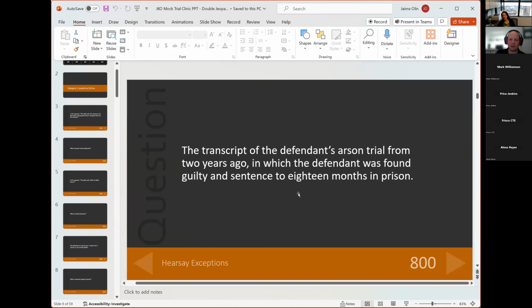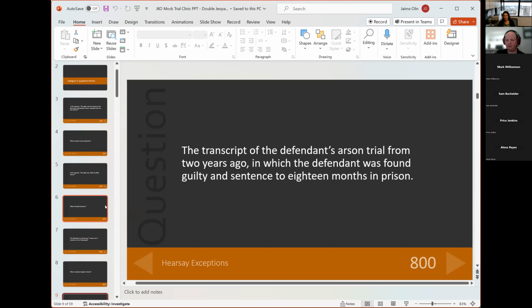Okay, what would be the exception to the hearsay rule if you wanted to get into evidence the transcript of the defendant's arson trial from 2 years ago, in which the defendant was found guilty and sentenced to 18 months in prison? Sam Batchelder.